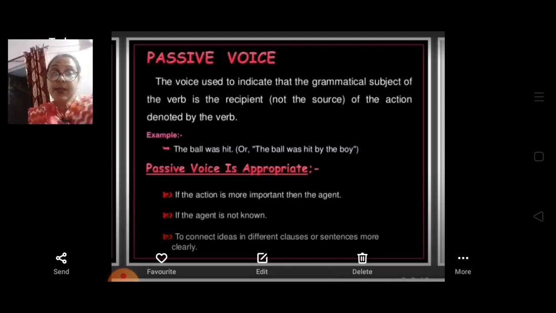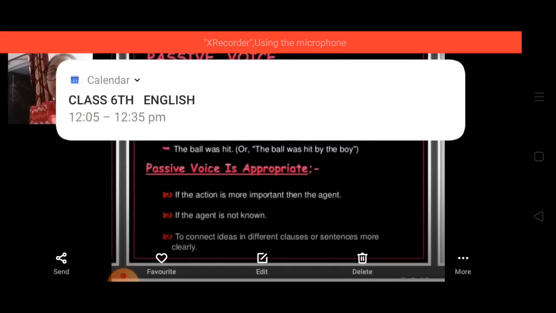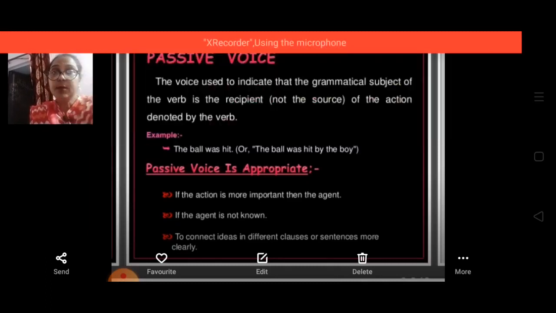Passive voice is also used if the stress is more on the action rather than the doer of the action. For example, a cucumber was chopped. The chopping of the cucumber is more important than who chopped it.